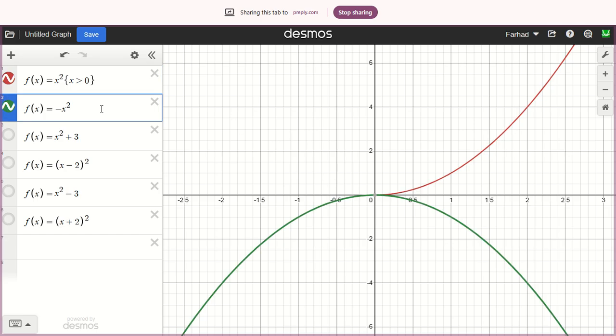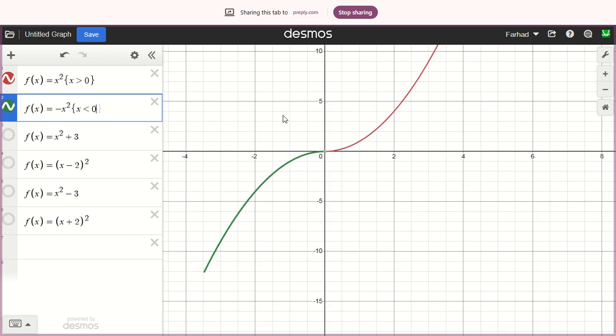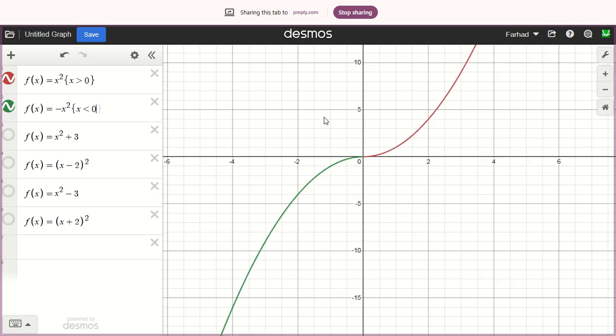And if we put here x less than 0, then what will we get? Can you tell me? Negative infinity, right? So if we put 0 here, the graph will be just like this here.